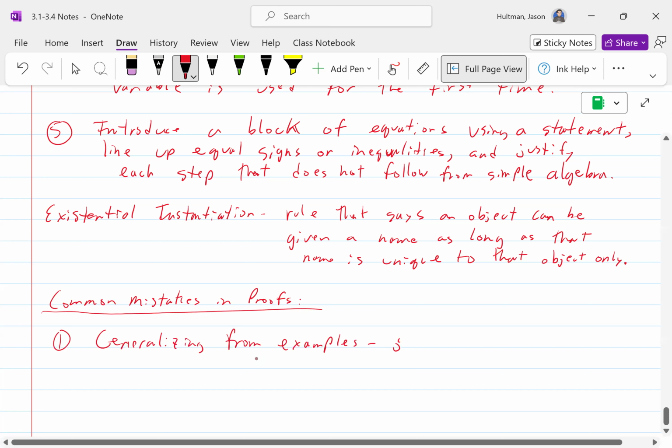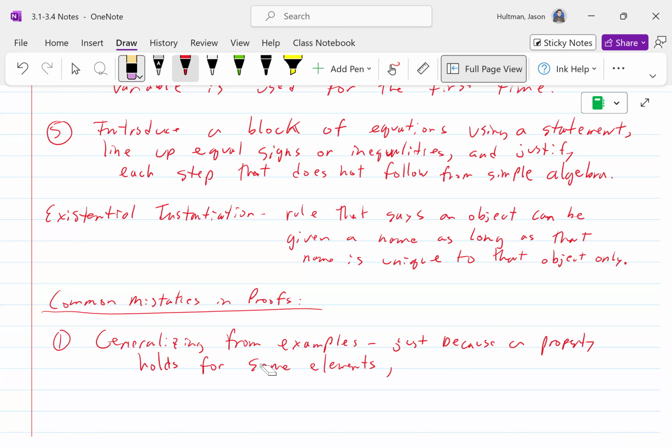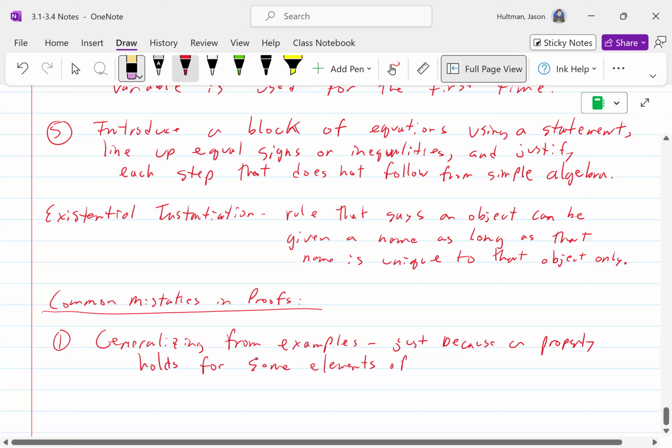Okay, just because a property holds for some elements does not mean it holds for all elements. Some elements, I should say, of a set. Does not mean it holds for all the elements of that set.